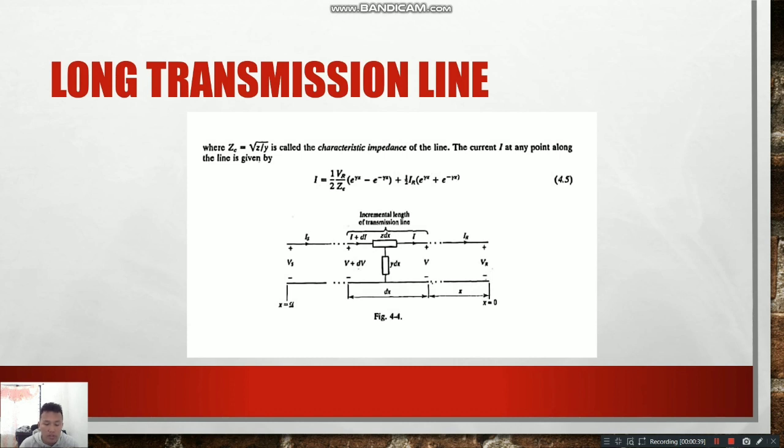So we can form the equation dVx/dx = z Ix. Similarly, the incremental current dIx = Vx y dx. So the second equation we can form is dIx/dx = y Vx. This comes from V = I times Z, and current equals voltage times admittance, which is I = V times Y. So these are the basic formulas through which we have formed these equations.